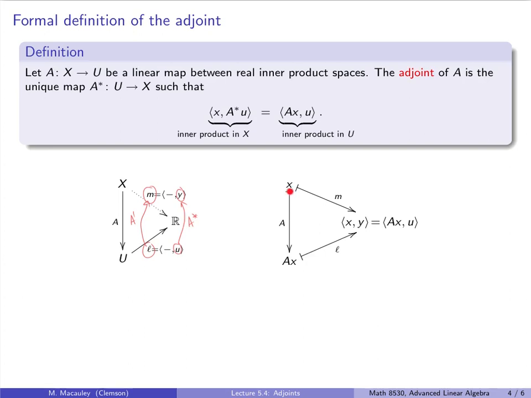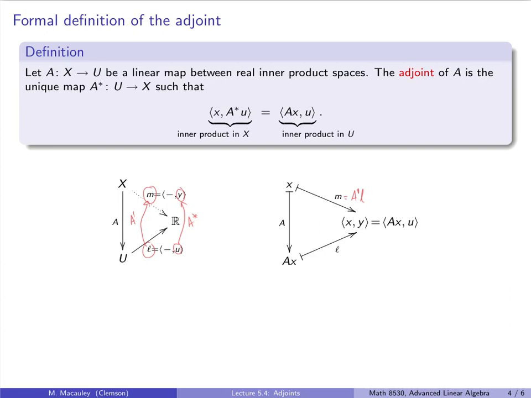Let's start with x and map it to Ax down here, and then see what happens when we apply L and when we apply M, which is the transpose A prime L. So when we apply L to Ax, we are literally plugging Ax into this first coordinate. So we get the inner product of Ax with u.